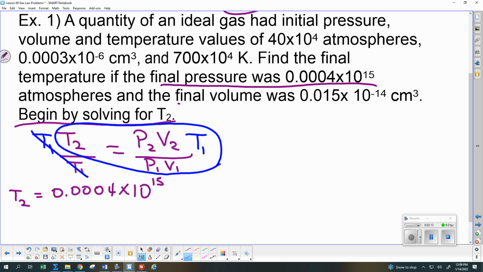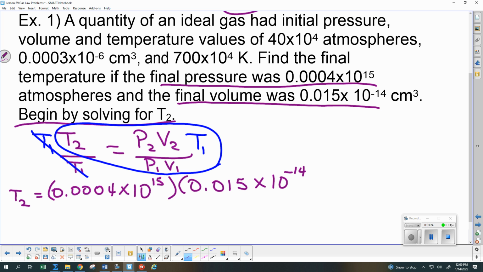V2, that's my final volume. 0.015 times 10 to the minus 14. And T1. So let's see. That's pressure. That's volume. This, I think, is T1. So then I write in the 700 times 10 to the 4th.